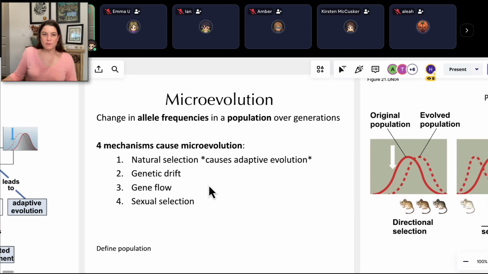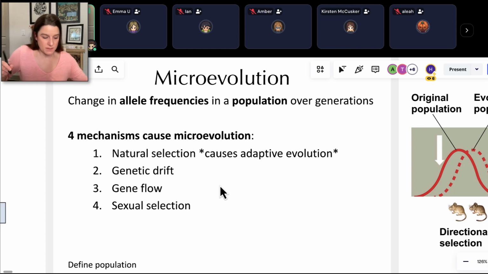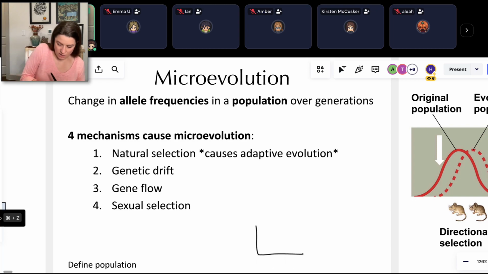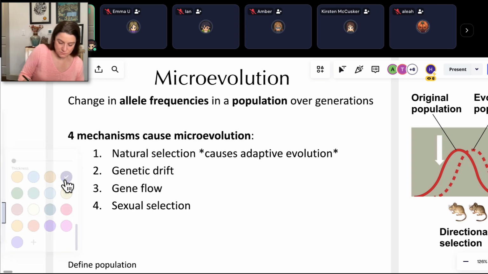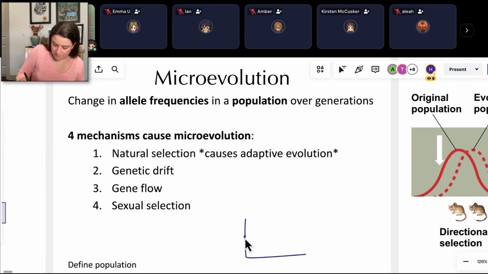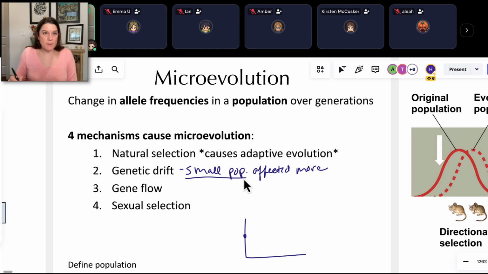Genetic drift, and remember, genetic drift and gene flow, there's some confusion about that sometimes. So genetic drift, remember, it was named because when you looked at a population, and you saw this in your sickle cell symbio, if it's small, so this is the genetic drift, when we're talking about small populations, genetic drift affects it more, because all it is is kind of like random events that change the allele frequencies.